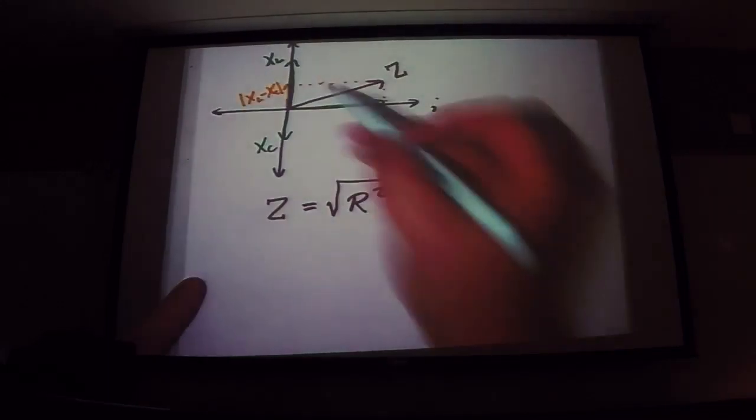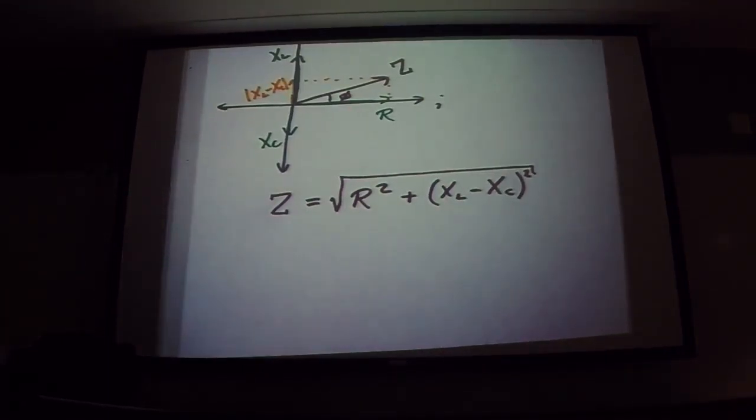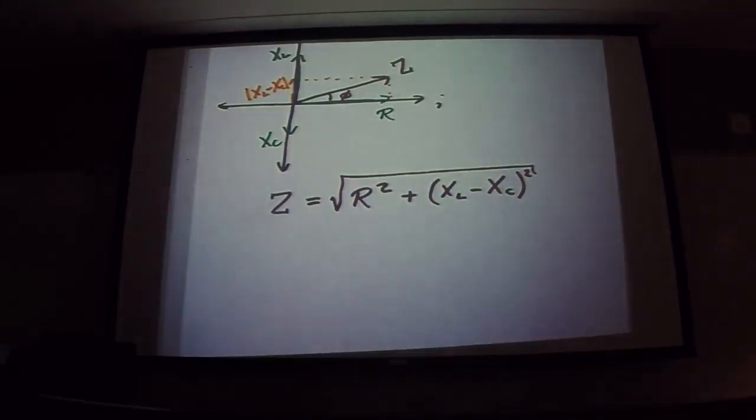And of course, we then also will define our phase phi. So this phi is actually calculated with either the voltages or the reactances.